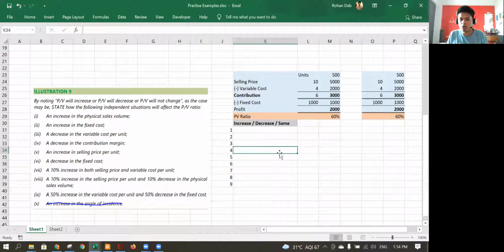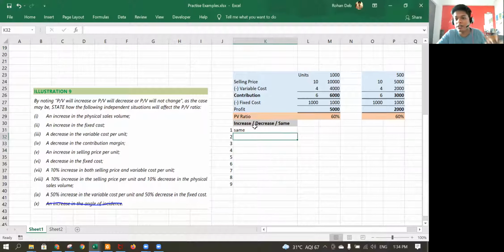So if I increase my number of units, selling price will increase, and variable cost will also increase at the same rate. Ultimately there will be no impact on my contribution ratio. Let's make this 1000. Currently it's 60%. Even if I make it 1000, there's no change in the PV ratio. So in this case, it will remain the same.